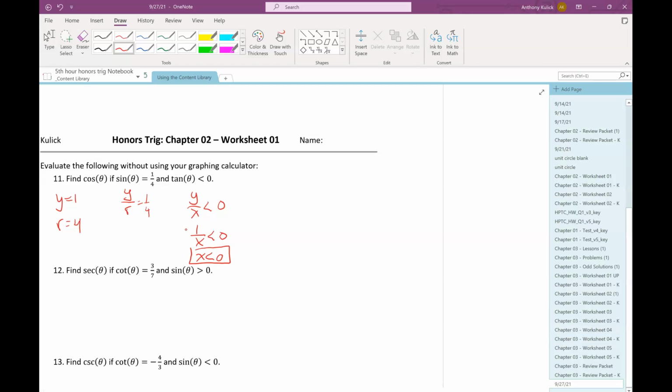Okay. So now I'm going to draw my picture. So because x is negative and y is positive, I'm going to be over here in the second quadrant. Okay there? Okay. I'm going to draw my point and make my reference triangle. So I know the x side is negative, so I'm going to put a negative sign there.